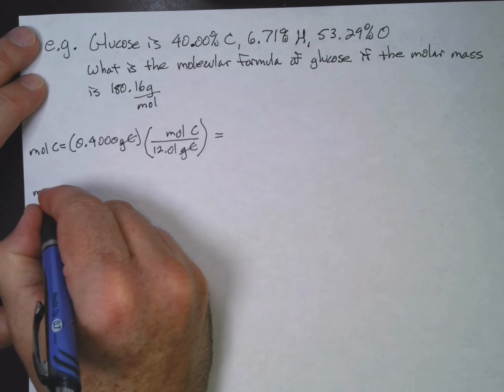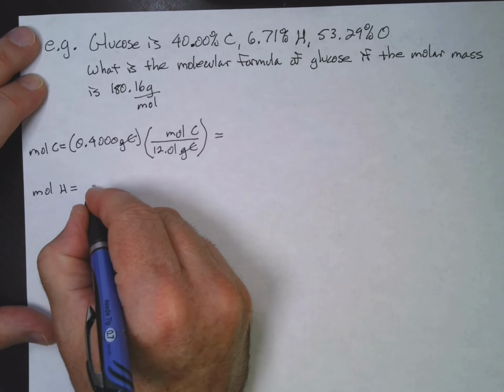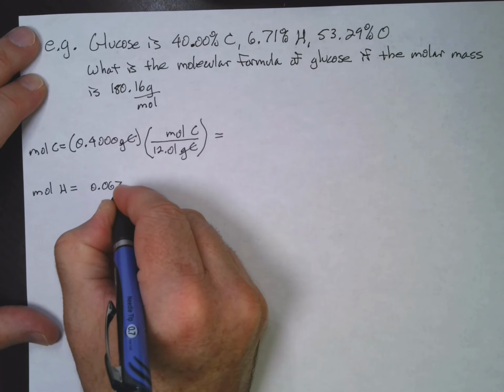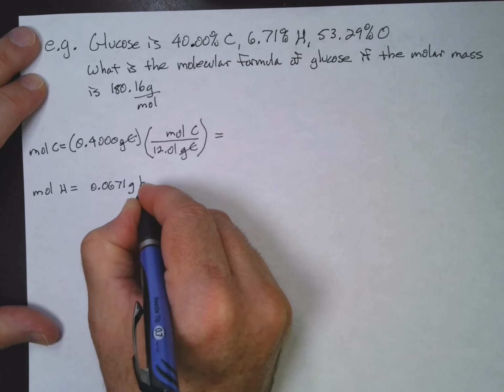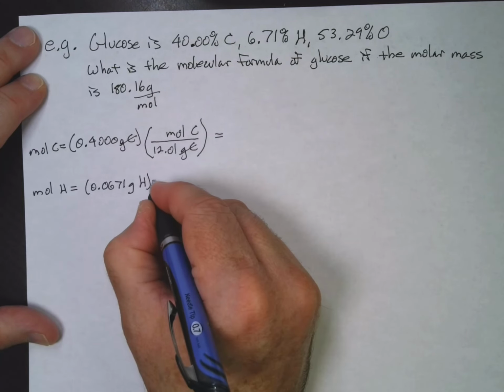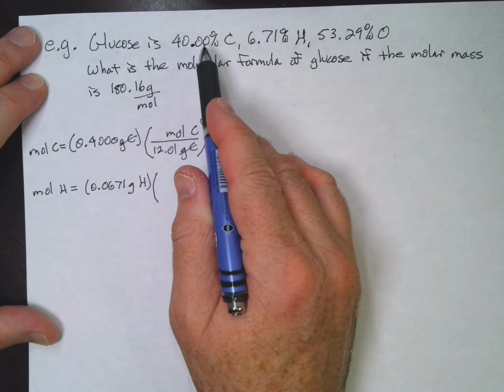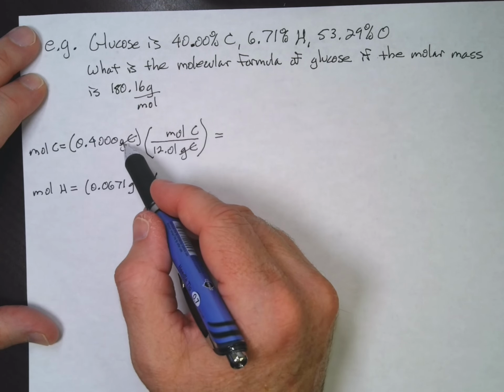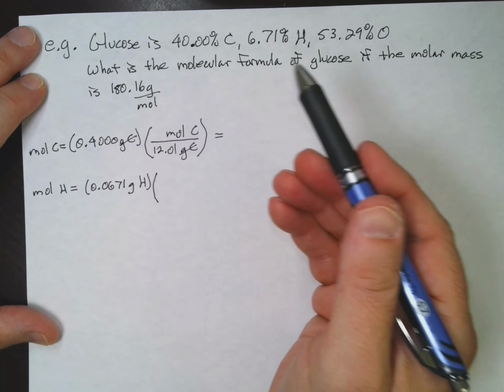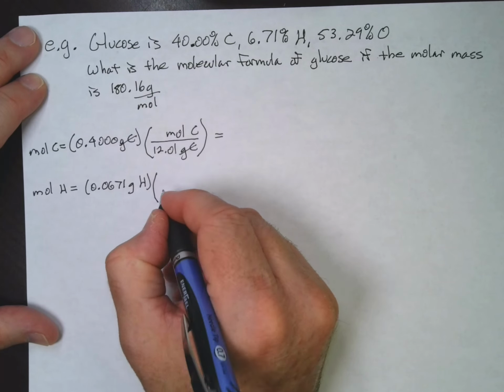And then we can set that up for moles of hydrogen equals 0.0671 grams of hydrogen. So I'm just converting my percentage to grams. So we have 0.4 grams of carbon per gram of glucose.